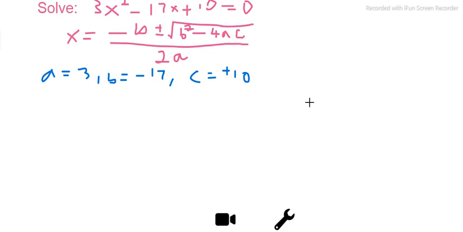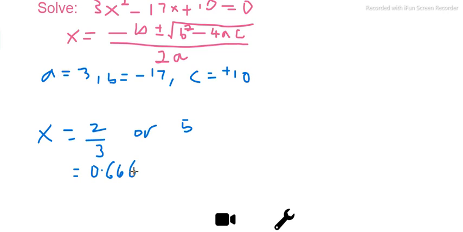If you substitute into the quadratic formula and solve this, at the end you will obtain x equals 2 over 3 or 5. 2 over 3 is the same thing as 0.6667 if you write it as a decimal. You can leave your answer as a decimal, or you can leave your answer as fractions. It doesn't affect the mark.